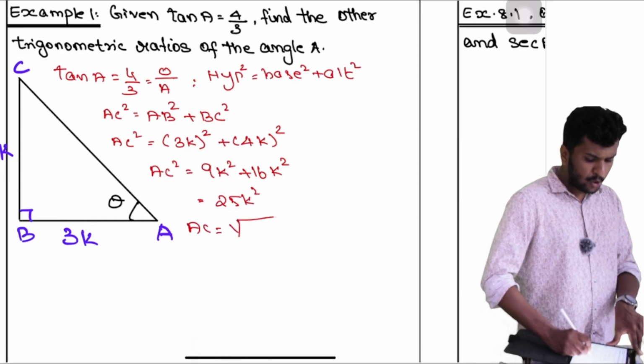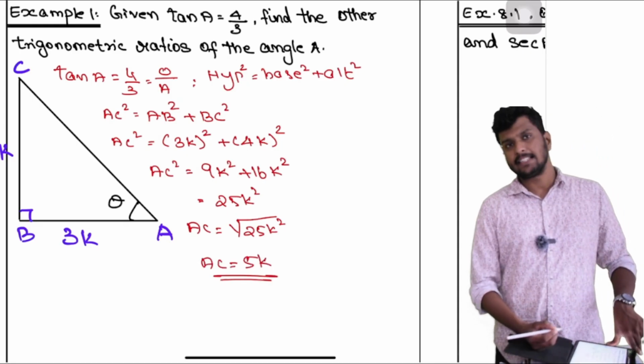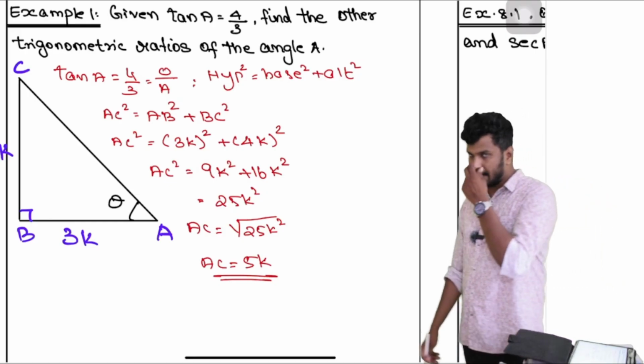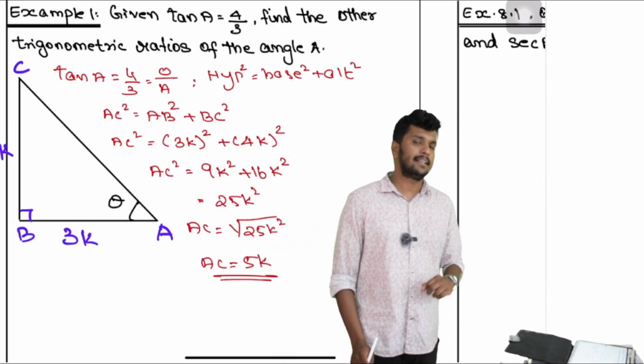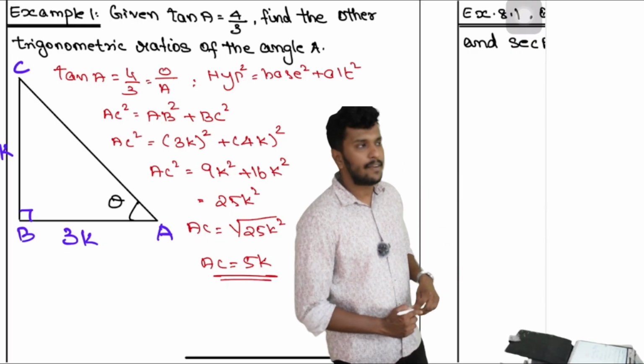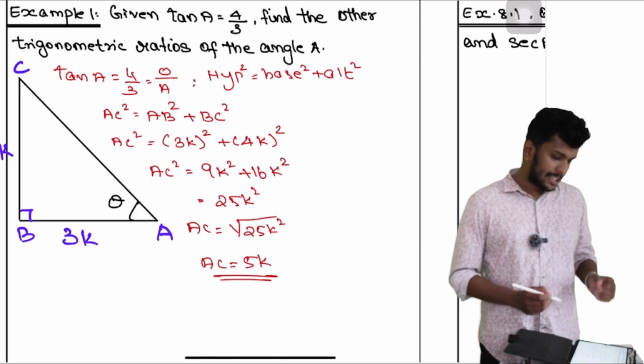AC is the square root of 25k square, so AC equals 5k. Some of my friends might write plus and minus 5k. Do not write negative 5k, because you have to keep in mind that a side's length will never be a negative number.